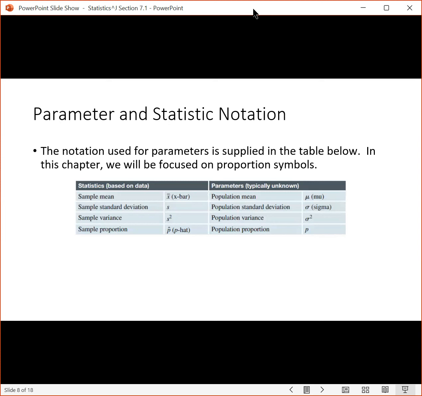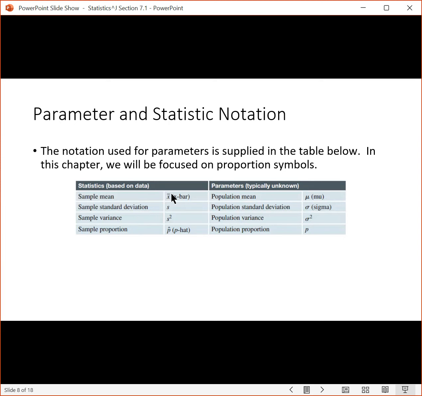All right, and we've got notation for these. The notation that you're going to see throughout the next couple of chapters: for the sample mean, we use X bar. For the sample proportion, we use p hat. This chapter is going to be focused on proportions, so we're going to be looking at the second one, but in a future chapter, we will look at means.